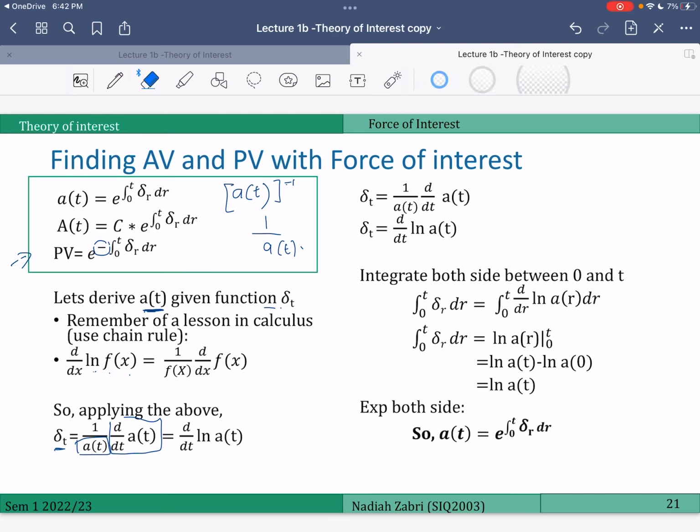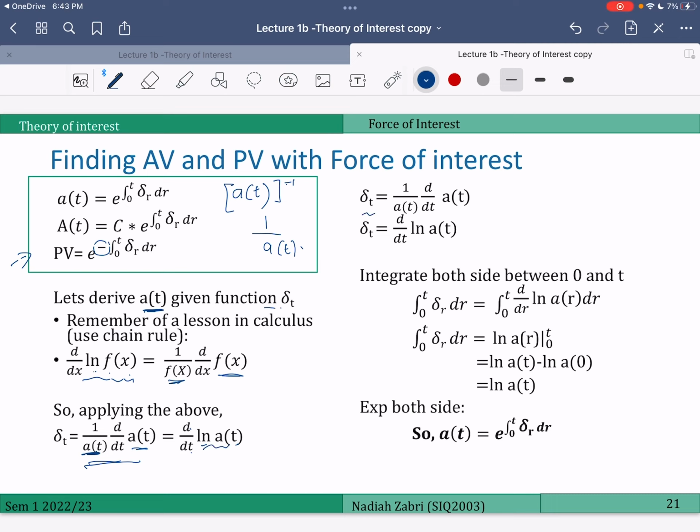So you can see this one as f(x), this one a(t) is f(x). So you can rewrite this whole thing as d over dt ln f(x) based on the chain rule, so this equals d over dt of ln a(t).